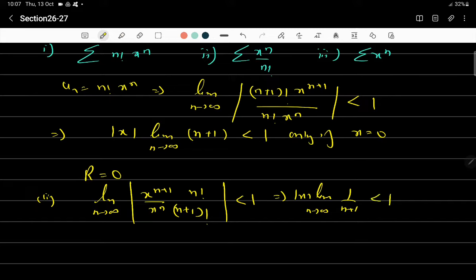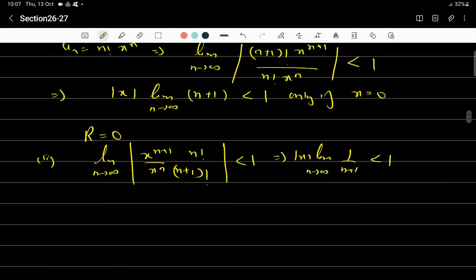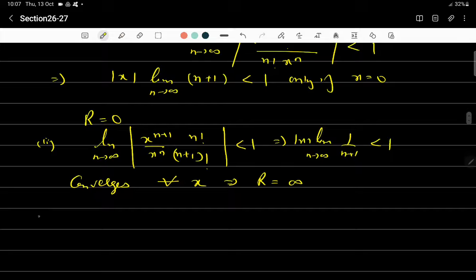Now you can see that the limit of 1 by n plus 1 is 0. It means that whatever value you choose for x, it would always be less than 1. It means it converges for all x, which means the radius of convergence is infinite, or the interval of convergence is minus infinity to infinity.